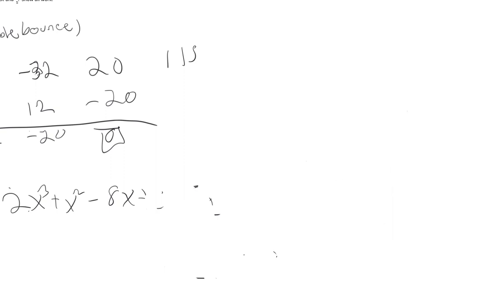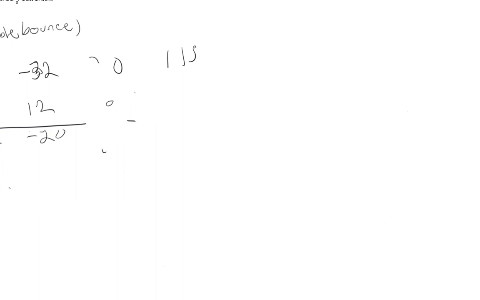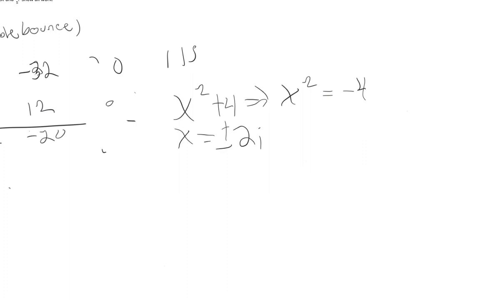So now we just need to know what the factors of x squared plus 4 are. Okay. So x squared plus 4. So x squared is negative 4 if we set it equal to 0, so x is plus or minus 2i.